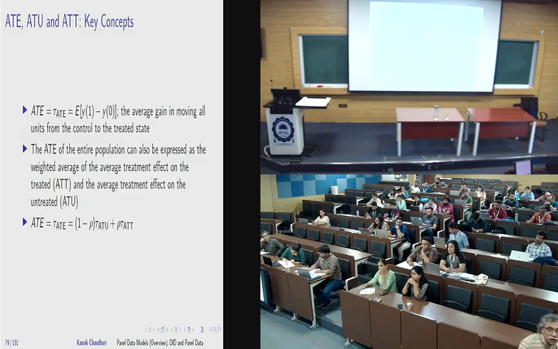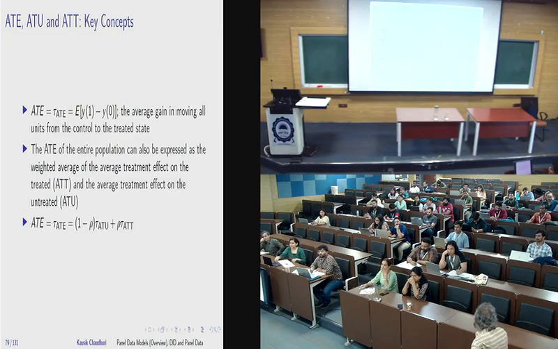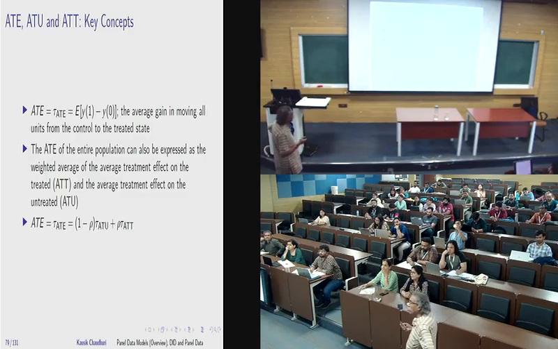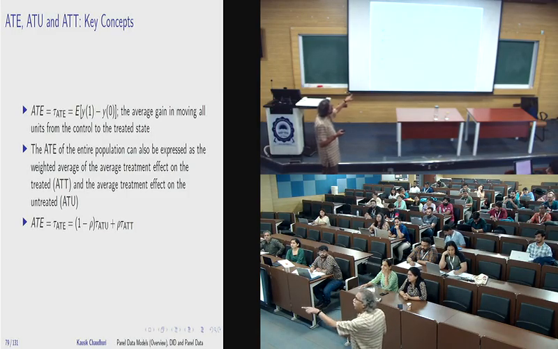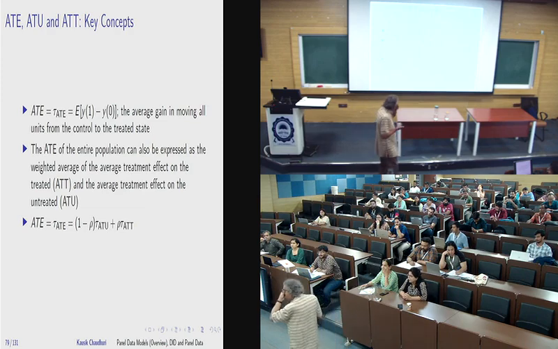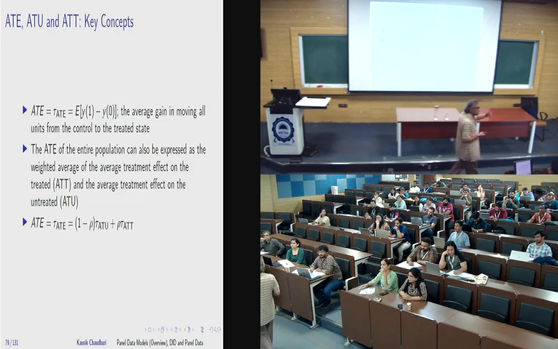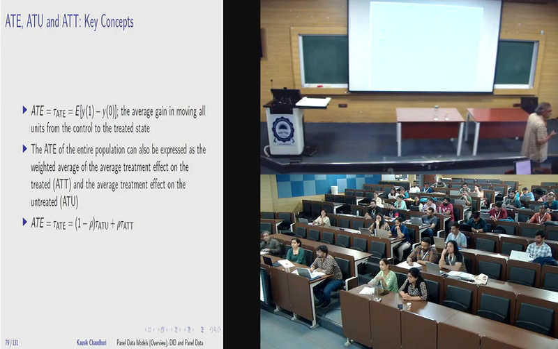One which is remaining as untreated, which is the ATU, and the other which is the treated, which is the ATT. And the way I can then think of ATE is nothing but weighted average of ATU and ATT, where rho is the respective weight that I have assigned to one of them. Clear? Fine.